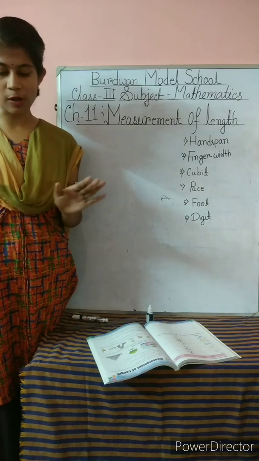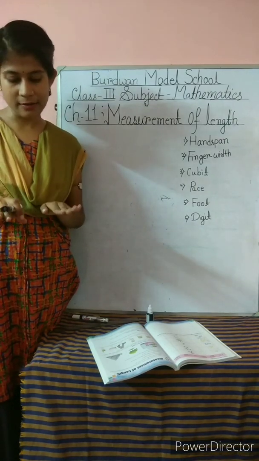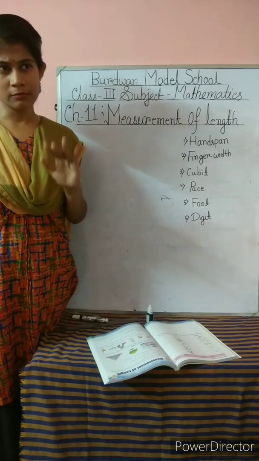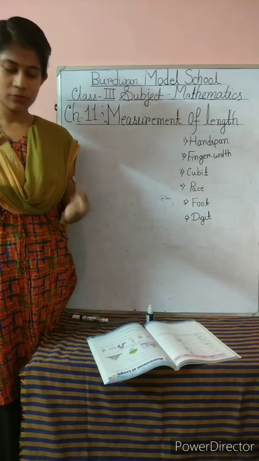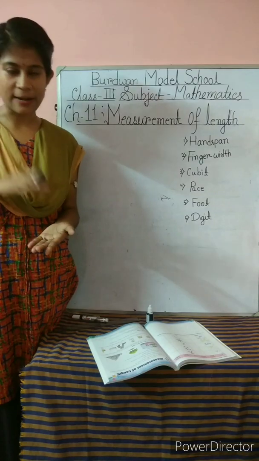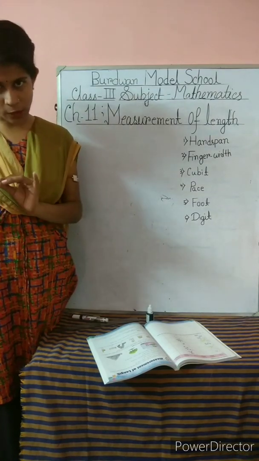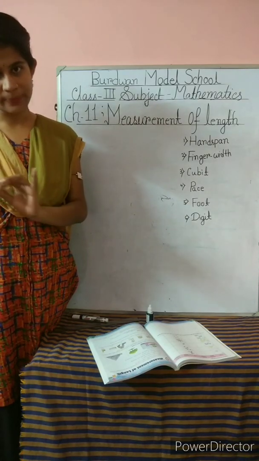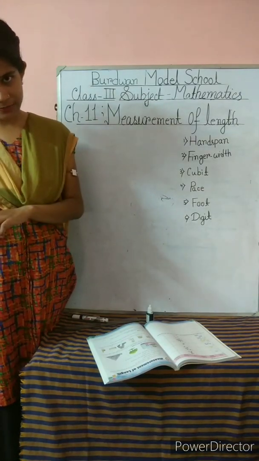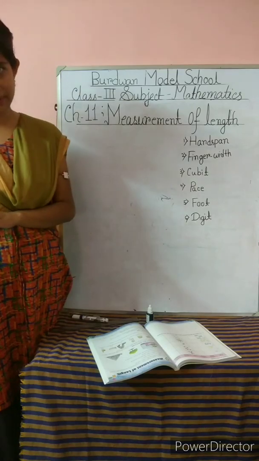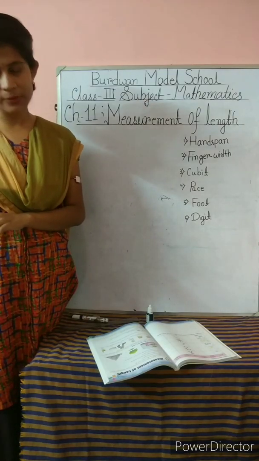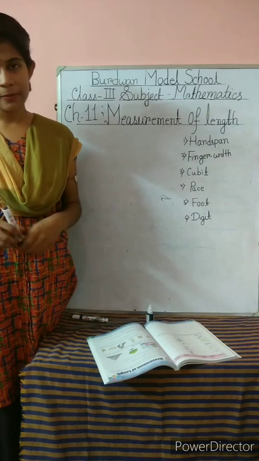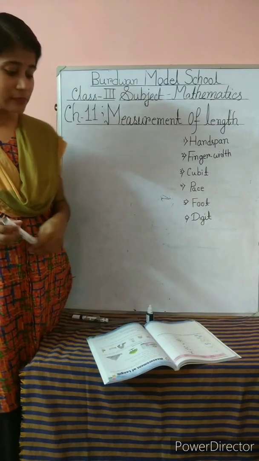In this way, whoever has the shortest length stands first, then after that a little bit taller person, then another taller student. In this way you usually made your line, isn't it?